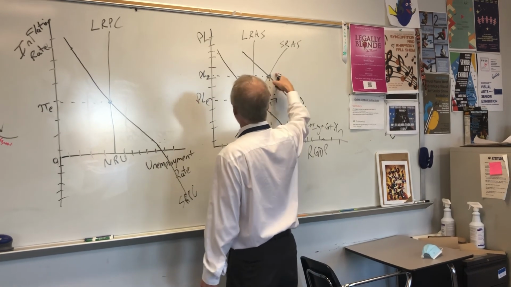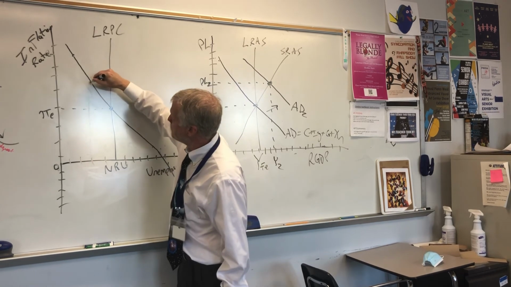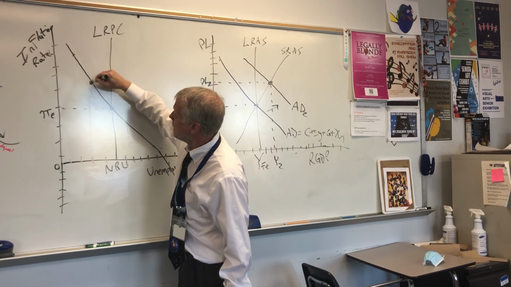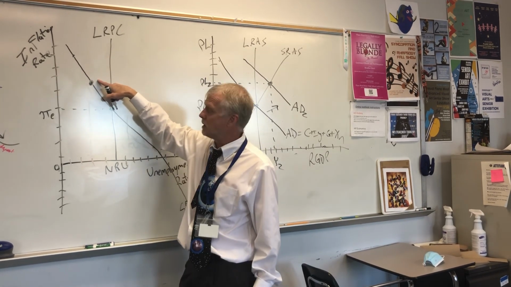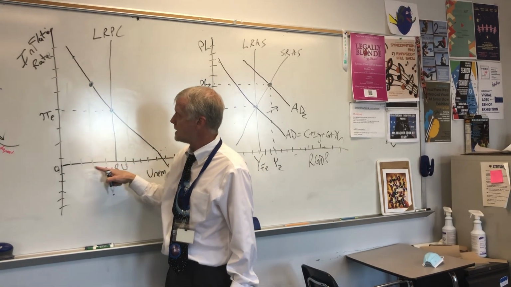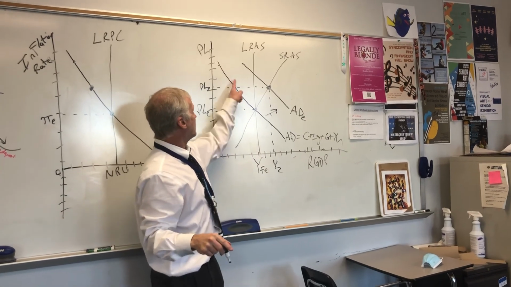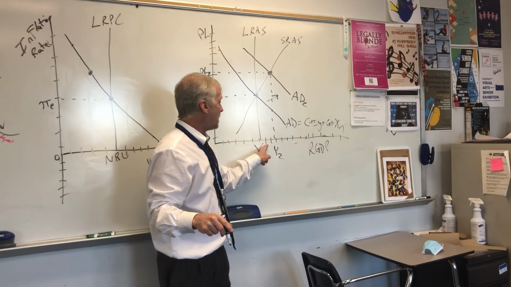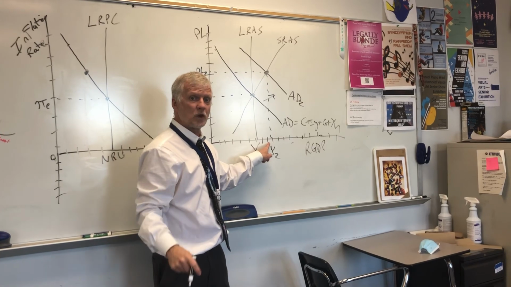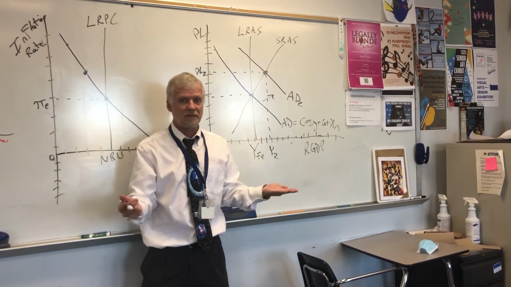That point up and along SRAS is the same thing as a point up and along SRPC. Because price level increased, unemployment decreased, which means more stuff got made. Price level increased, unemployment decreased. In other words, employment increased. So these are mirror images, and it would be vice versa as well.